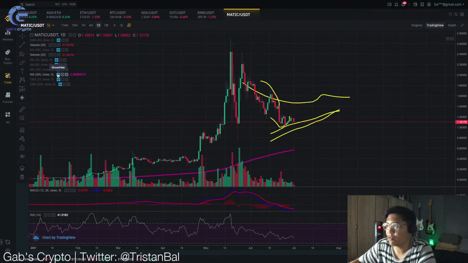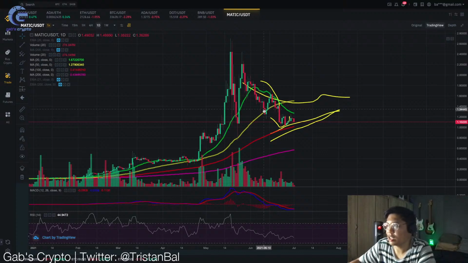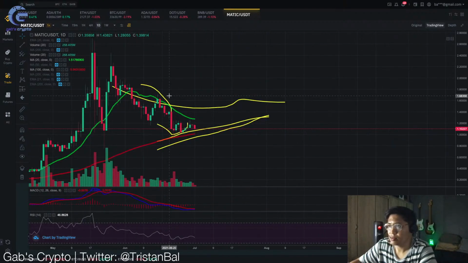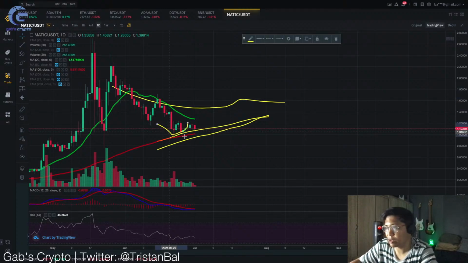For the daily time frame, ang lagi natin tinatandaan dito is moving average as what I keep on saying. Ito pinlot natin tong mga charts noon, and nag-play out na siya actually exactly. So, tingnan natin yung pag-play out niya ulit.